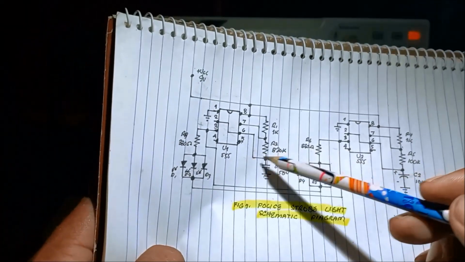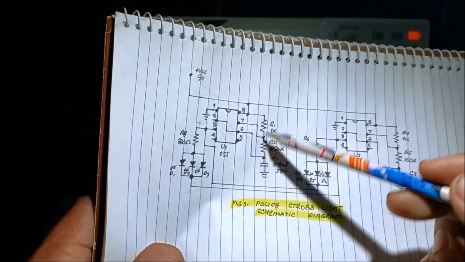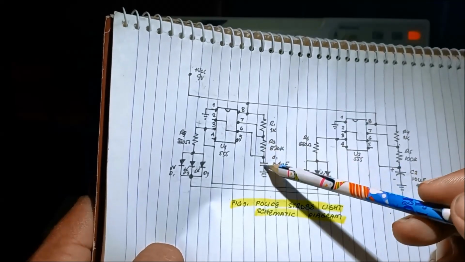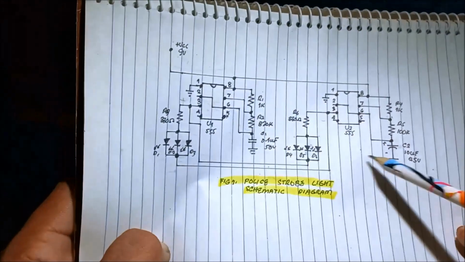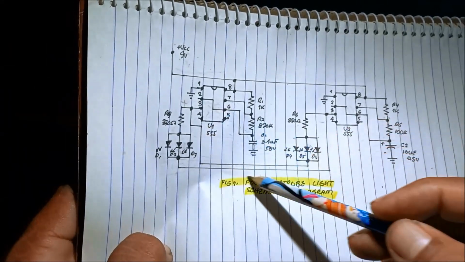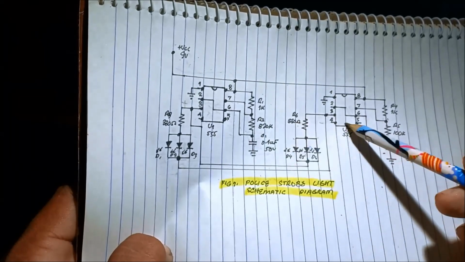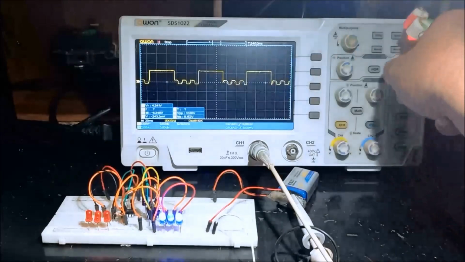So the modulator here is the small capacitor, charging and discharging of this small capacitor. During the discharging of this capacitor, this is the one now supplying the modulation.